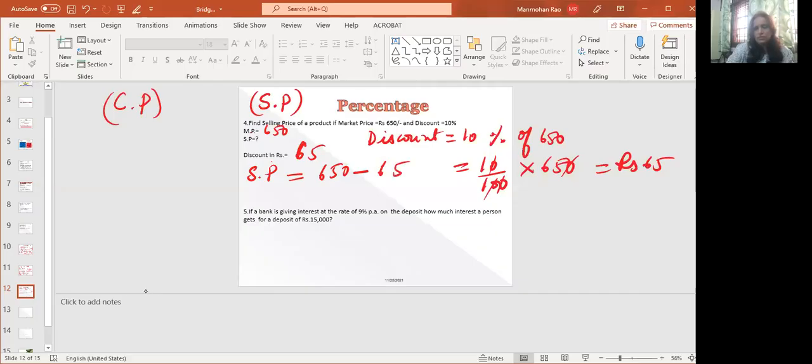How much is 650 minus 65? 585. How people are telling 245? Earlier you were all telling 245. Now it is 585. Is it correct?